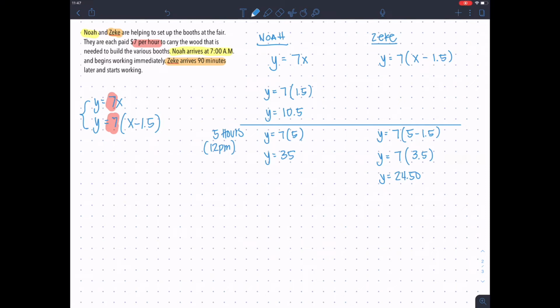And if we were to graph this, these lines would be parallel. And they're parallel because the slopes are both 7. The slopes are equal. And because of that, there's no solution to this system. We have no solution here.